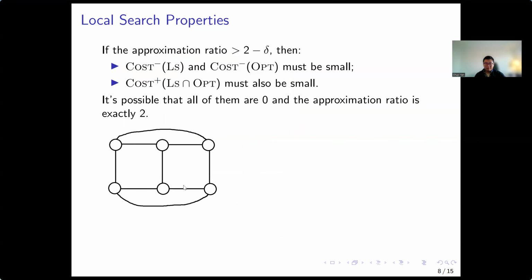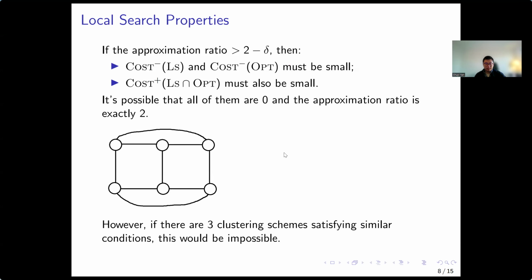So in this example, we can see that if our local search solution divides the vertices into three vertical clusters, and the optimal solution divides them into two horizontal clusters, well, then all of these terms are zero, and the approximation is exactly 2. So this can happen.